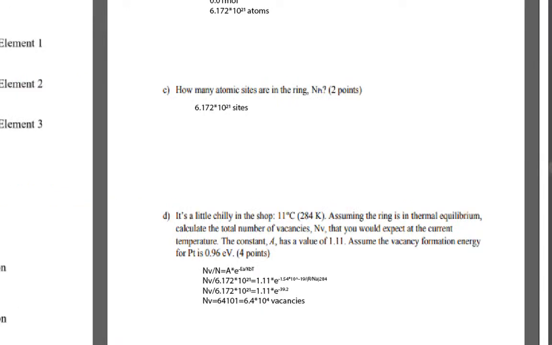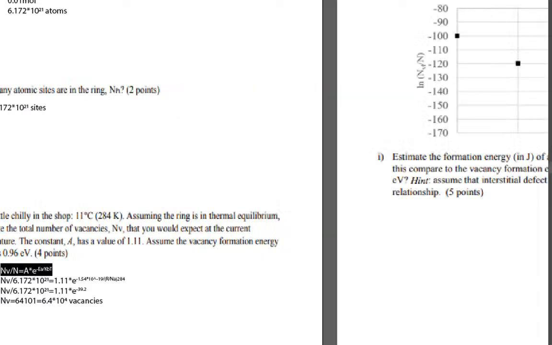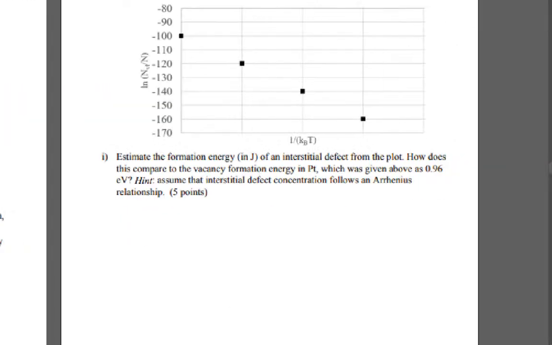So yeah, let me just copy and paste that. But you might be thinking, wait, how do you actually solve this? Because we don't have any of those formation, any of that information, because what we got was a graph.